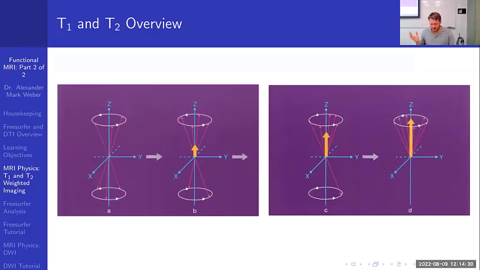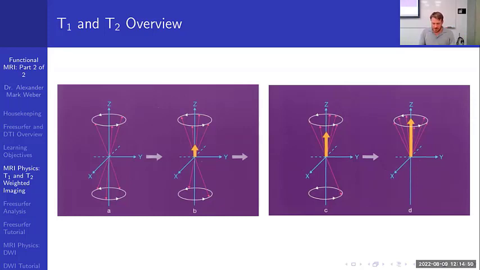Okay, so let's return to looking at spins after we've flipped them into the transverse plane. Hopefully you remember this from last session. This time, to make things simpler, we're going to ignore the T2 decay, or the transverse magnetization, and only look at the longitudinal magnetization. So the opposite of what we did last time.